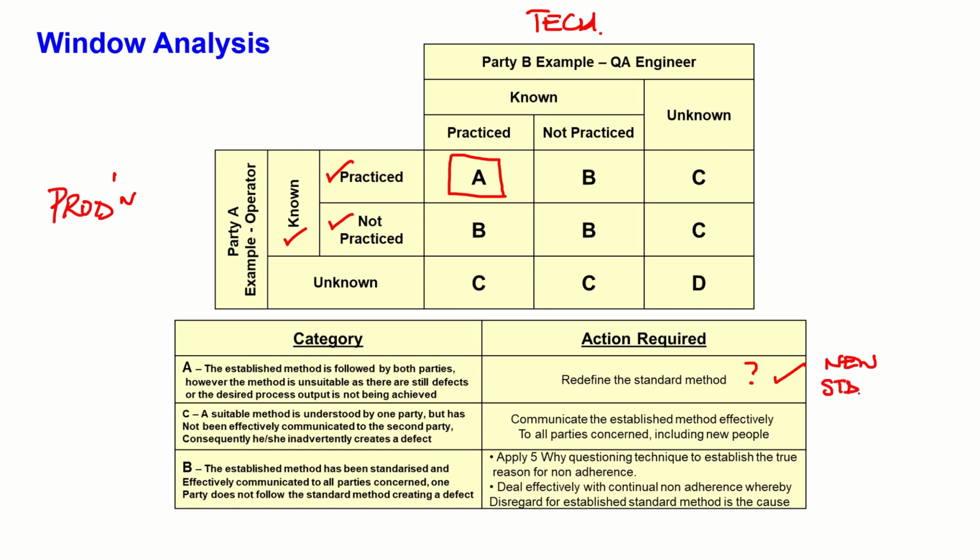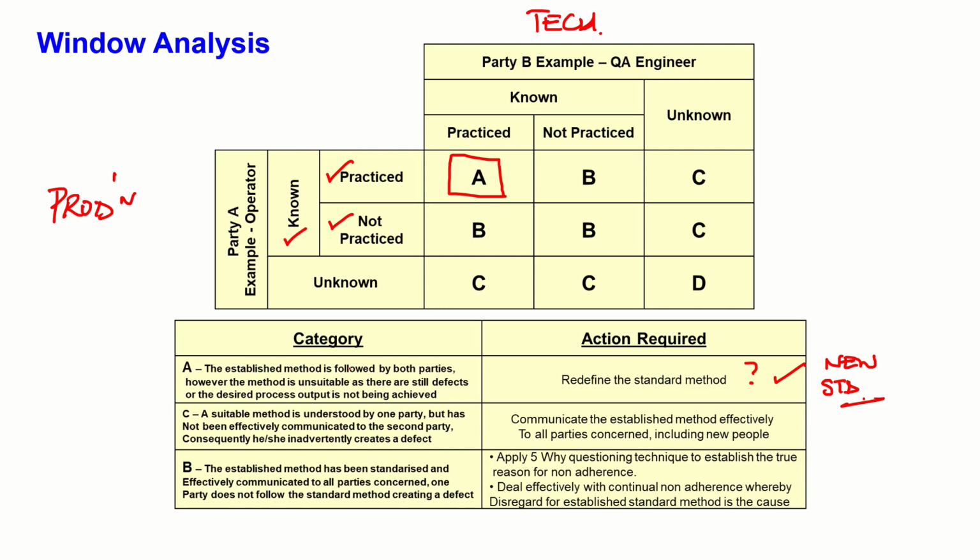Why don't we come up with a new way of controlling it? All right, so we're trying to get away here from blaming the person. You know, too often we try to blame the operator when actually there's an error in our process somewhere. So window A is everybody's practicing the standard operating procedure, everybody's happy with it, but it just doesn't work, doesn't make the process defect free. Come up with a new way of doing it.